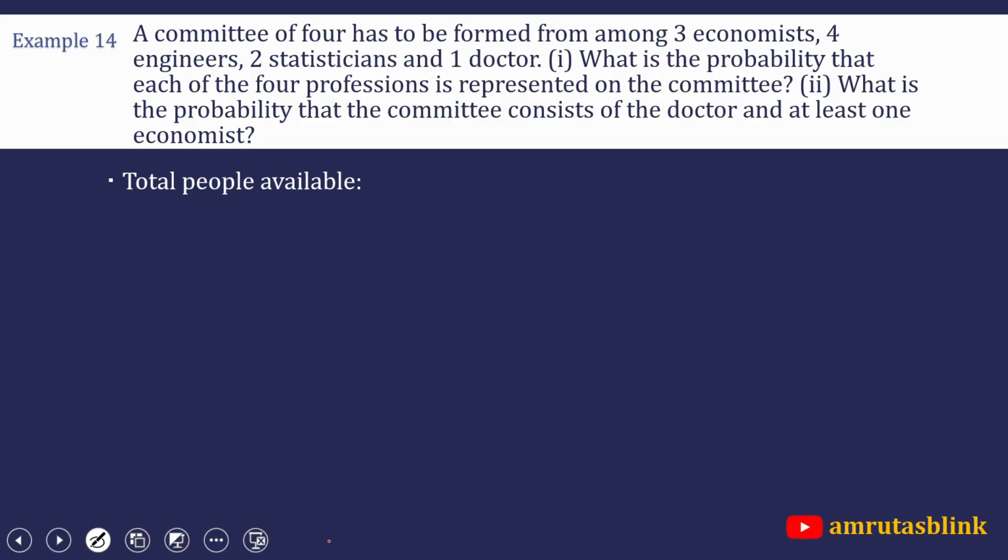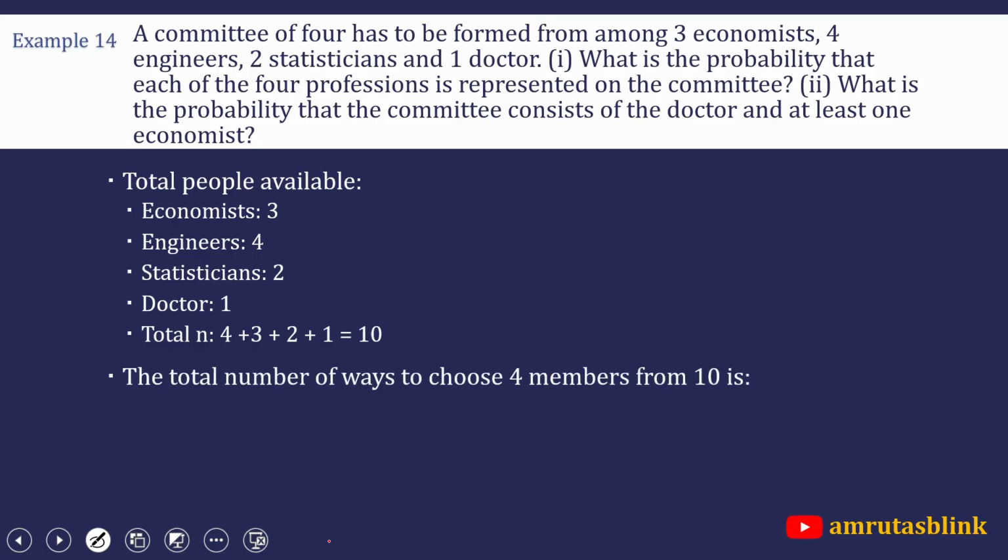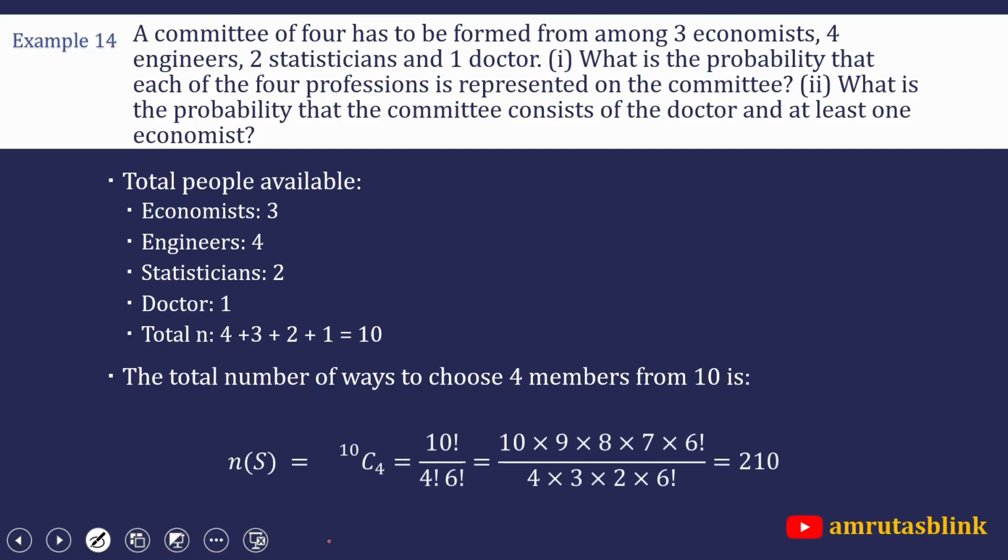Now how many total people are available? That is 3 economists, 4 engineers, 2 statisticians and 1 doctor. So 3 plus 4 plus 2 plus 1, which is equal to 10 again. And a committee of 4 is to be formed. So total number of ways to choose 4 members from 10 is 10C4.